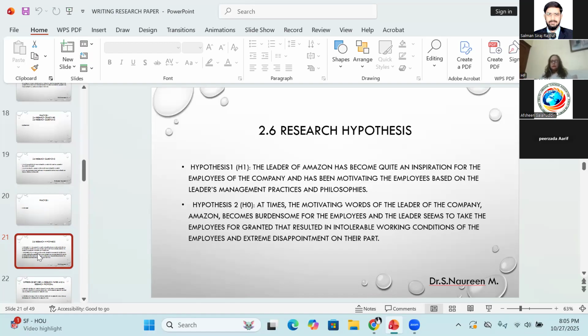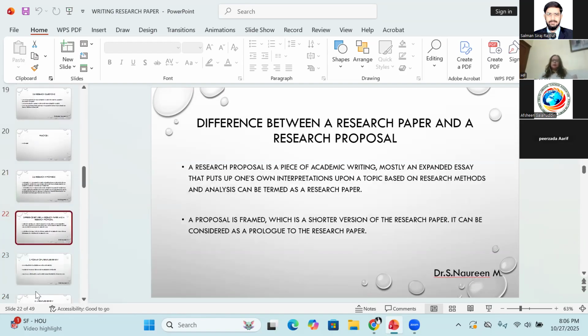Sometimes you need to develop a hypothesis in order to test whether the theory or investigation you are proposing is correct or incorrect. A hypothesis, I'm sure you all know, has to be tested, to be accepted or rejected. So for the Amazon topic, these are the research hypotheses which the researcher has developed for writing the research paper.